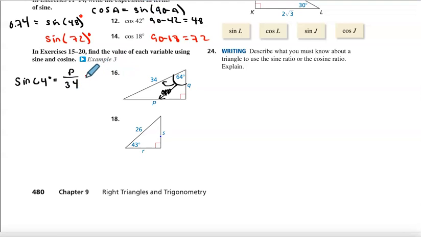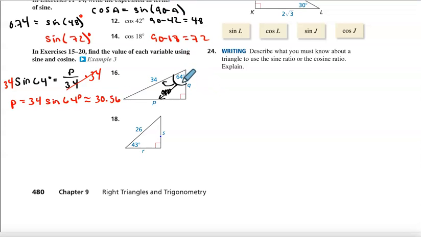Very similar to what we did with tangent, we multiply both sides by 34, and P is going to equal 34 times the sine of 64 degrees. We get about 30.56, rounding to the hundredths.